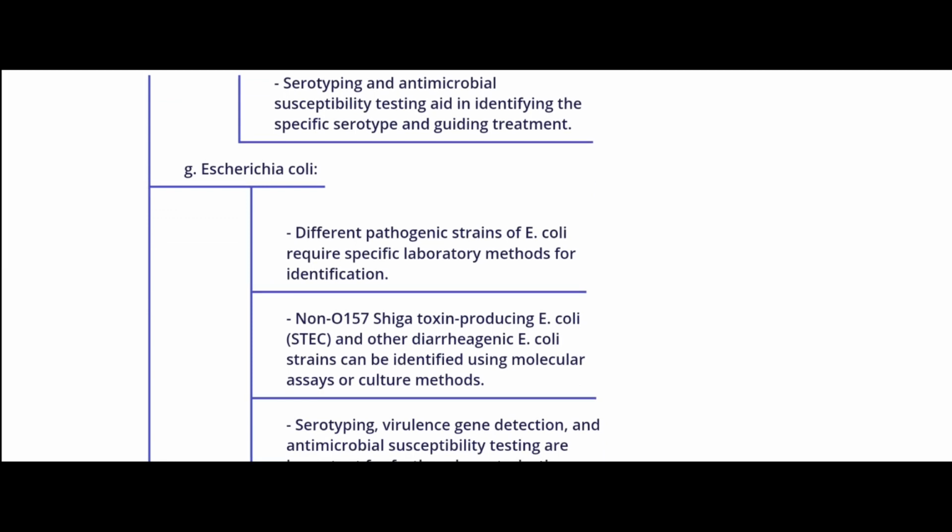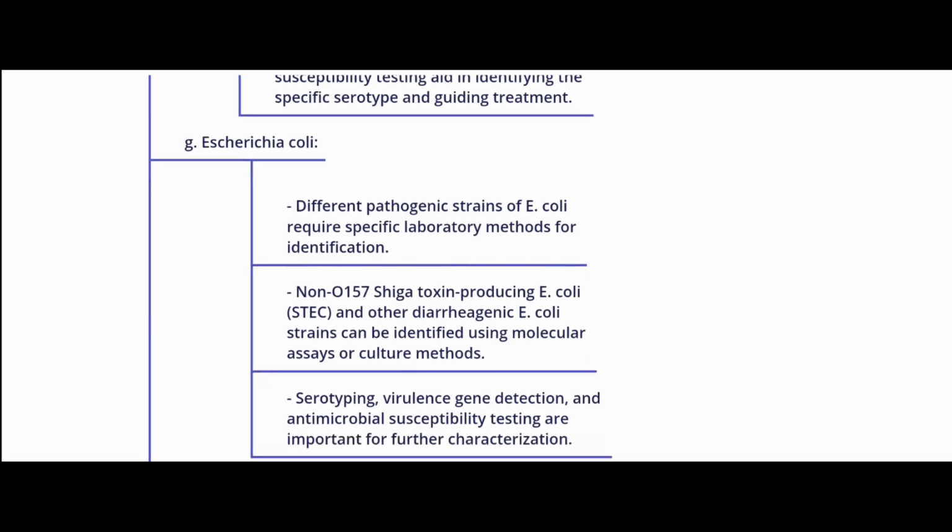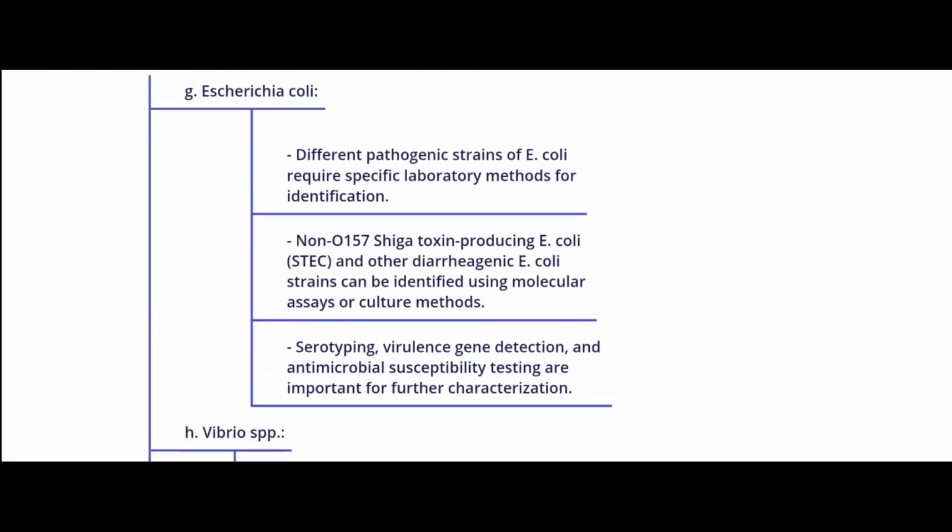Talking about E. coli, it is a bit more complicated, where we should use culture method or molecular assays. A lot of people love to use molecular assays, but serotyping, virulence detection, and antimicrobial susceptibility are really important, so the culture method is more useful.